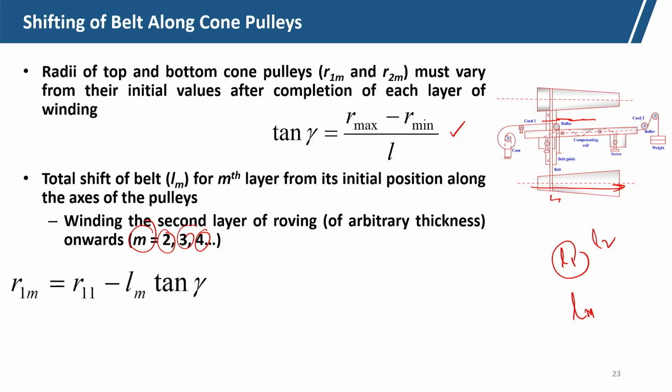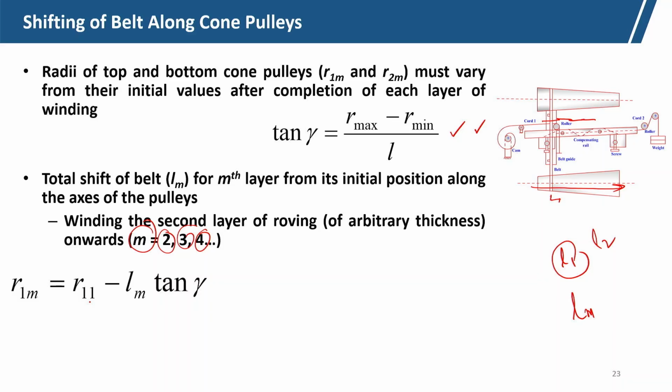So, from this relationship, R1m equals R11 minus Lm tan gamma.